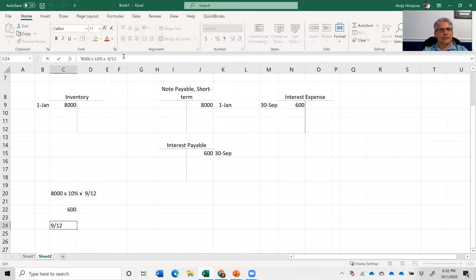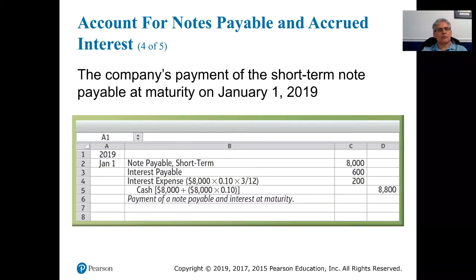It's simply going to be 8,000 times 10%. 8,000 times 0.10, meaning we have $800 that we're going to have to pay in interest. So the total amount that's going to be paid is $8,800. Now let's go ahead and see how we're going to record that.